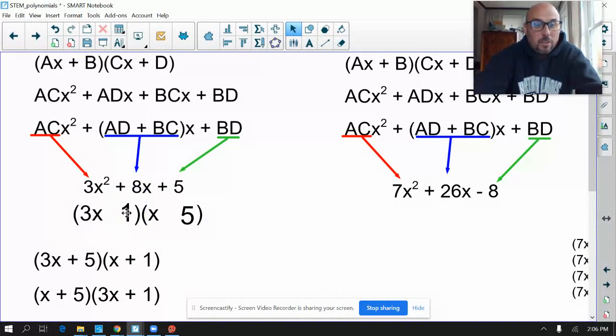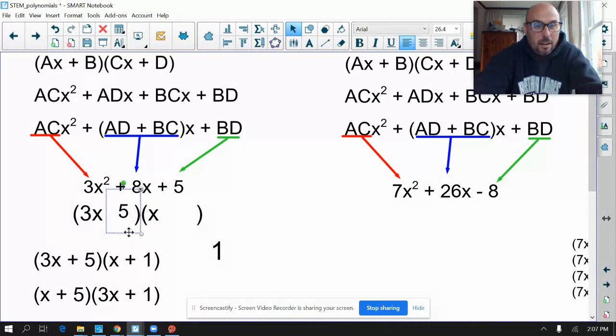then I would have, first of all, I need a 1 times a 5 to get this 5 right here. Well, when I multiply this out, when I FOIL, 3x times 5 would be 15, and 1 times x is 1x. So 15x plus 1x is 16x, and I need 8x for my middle term. So I can reverse these.